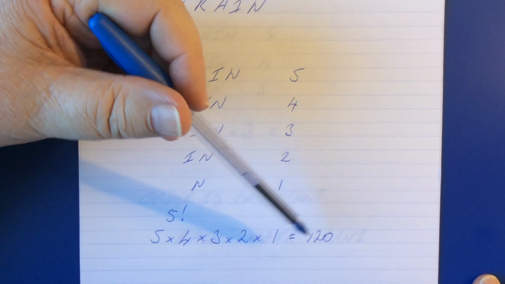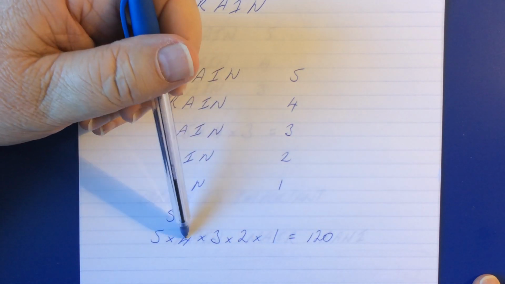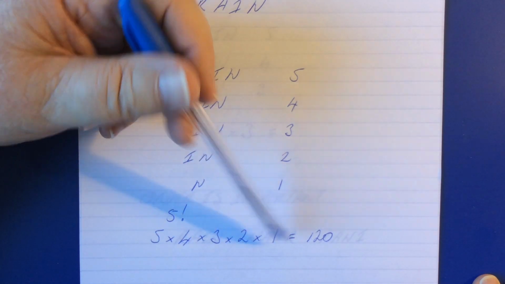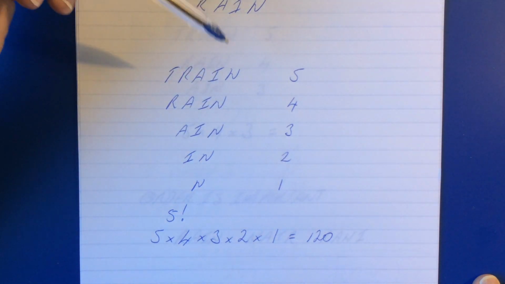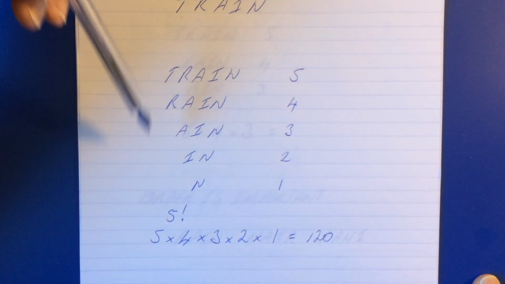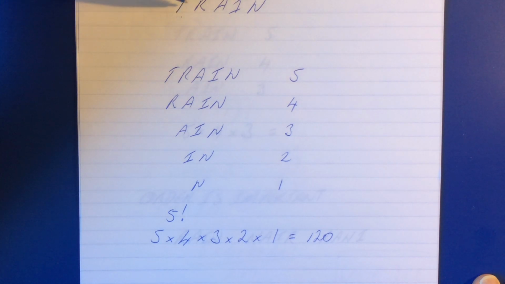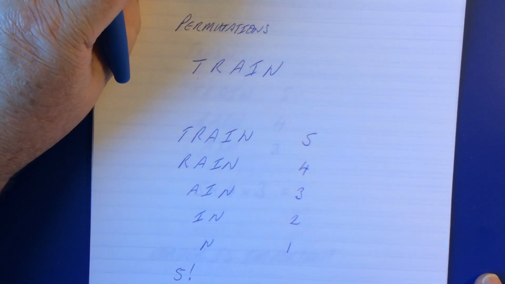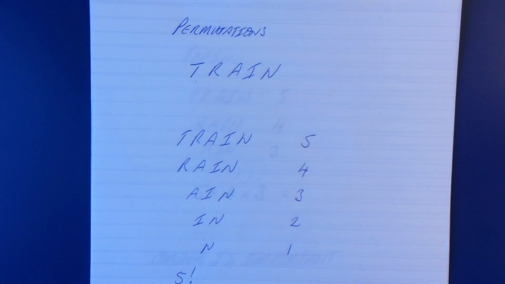And 5 factorial gives us 120. 5 fours are 20. 20 times 3 is 60. Times 2 is 120. So there are 120 ways in which the letters in this word can be arranged, order being important. I'll keep coming back to that. Order is important with permutations.